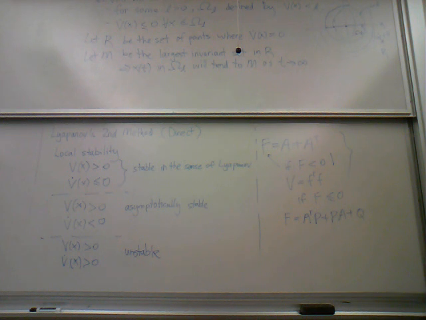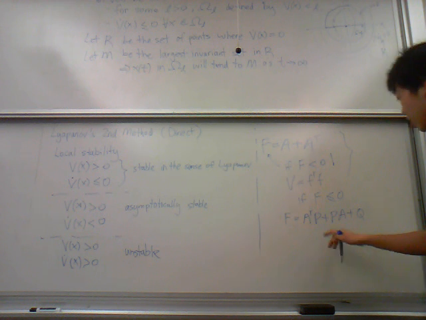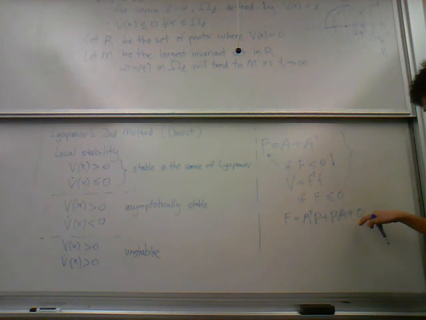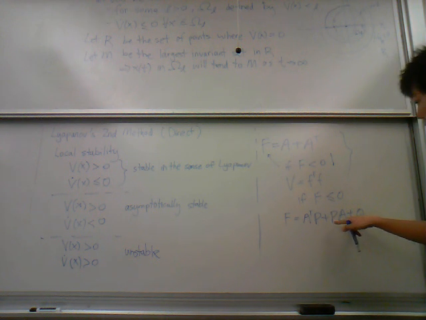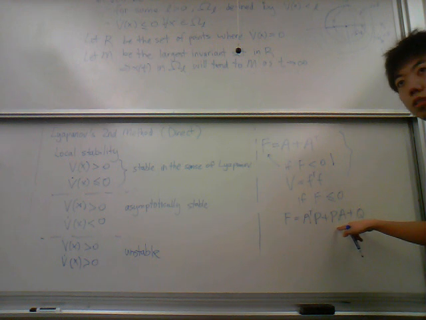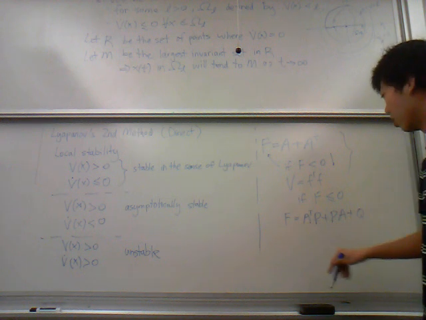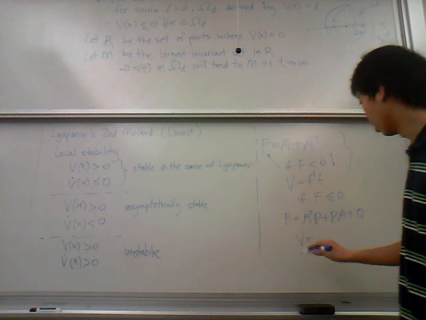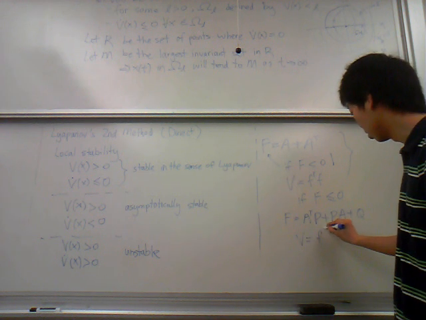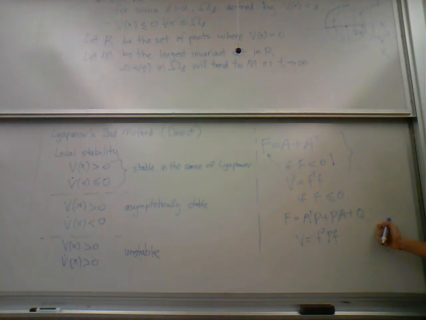If you choose a Q and then solve for P, and they're both symmetric positive definite, and your F is less than or equal to 0, then your Lyapunov function is f transpose P f, and you're asymptotically stable.